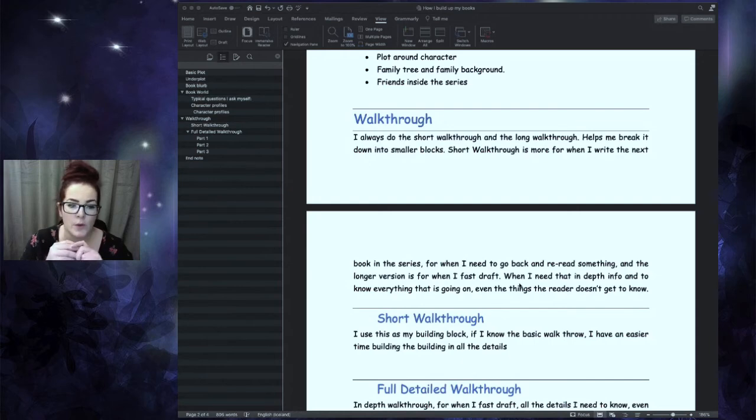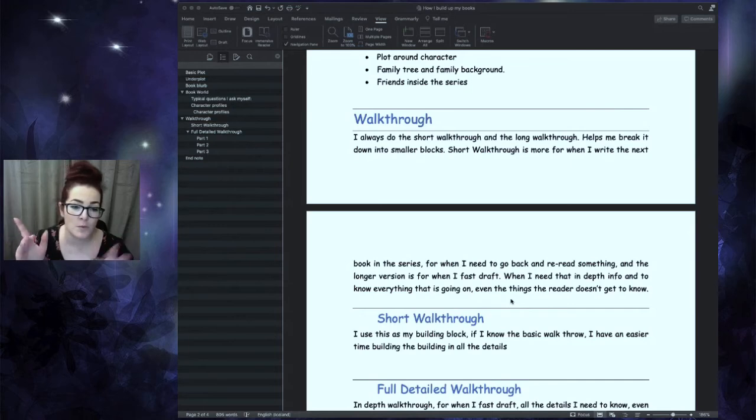The short walkthrough is fast. I'm very fast at doing short walkthroughs, and you see very quickly if your plot is not going to work. It's also very helpful when you're writing many books and you need to find a special scene but don't remember which book it was in.